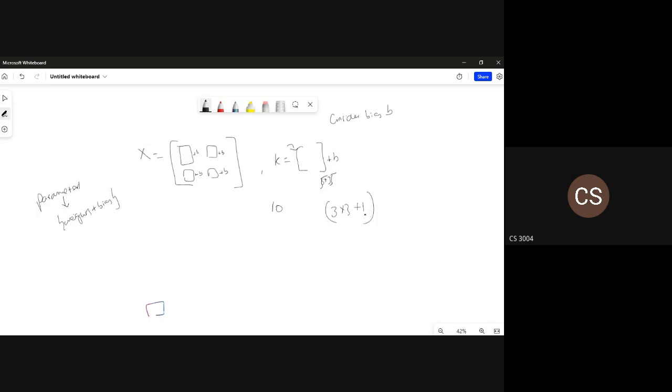Okay, sir. So in the example you have shown us, we add bias to individual elements like A01, A00 and all. So we don't consider all those biases as different parameters? You need not.